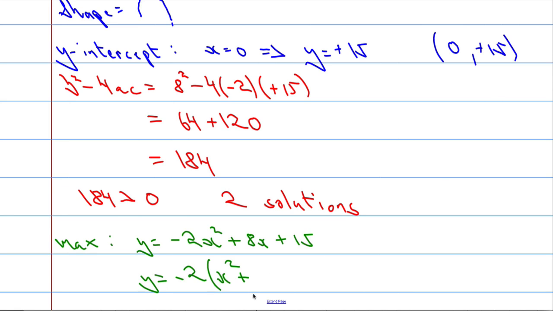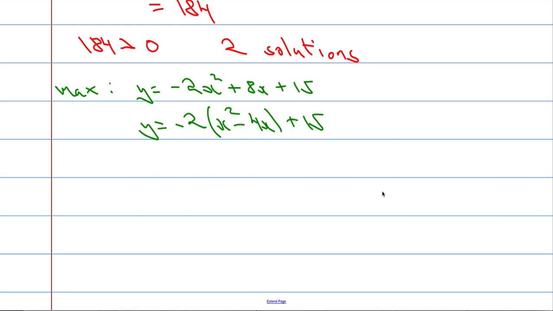This can't be a plus. I factored out negative 2, so this must be negative as well. For x plus 15. Okay, negative 2 x squared minus 4x plus 15. And all I'm going to worry about for now is this guy here.